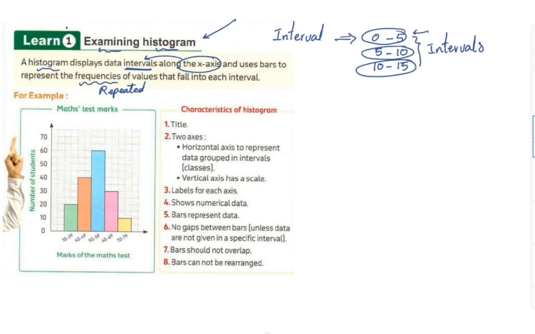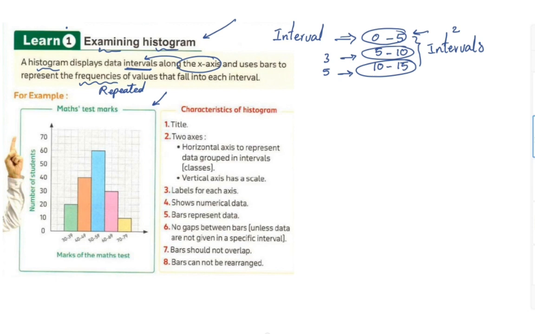This interval, how many times repeated? 2. This interval, maybe 3. This interval repeated 5, and so on, that fall into each interval. Now, a histogram like this one.